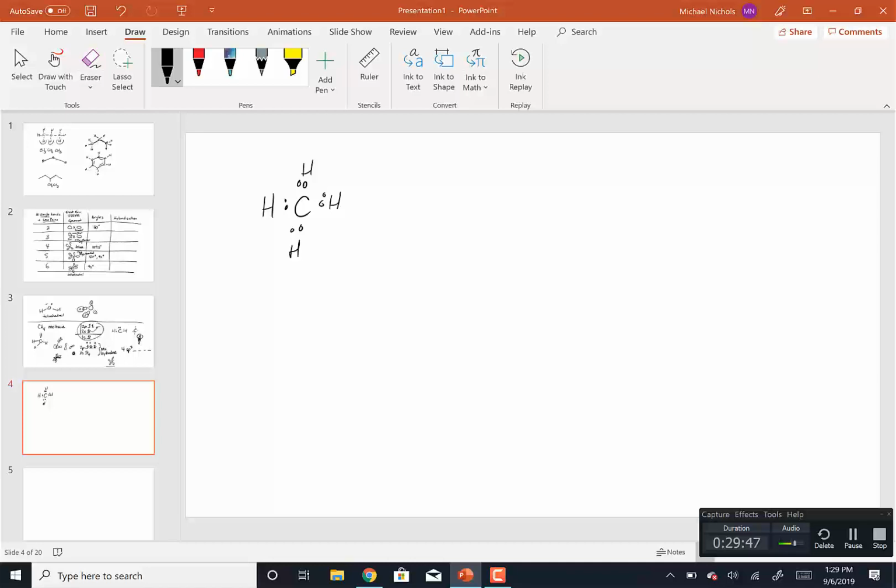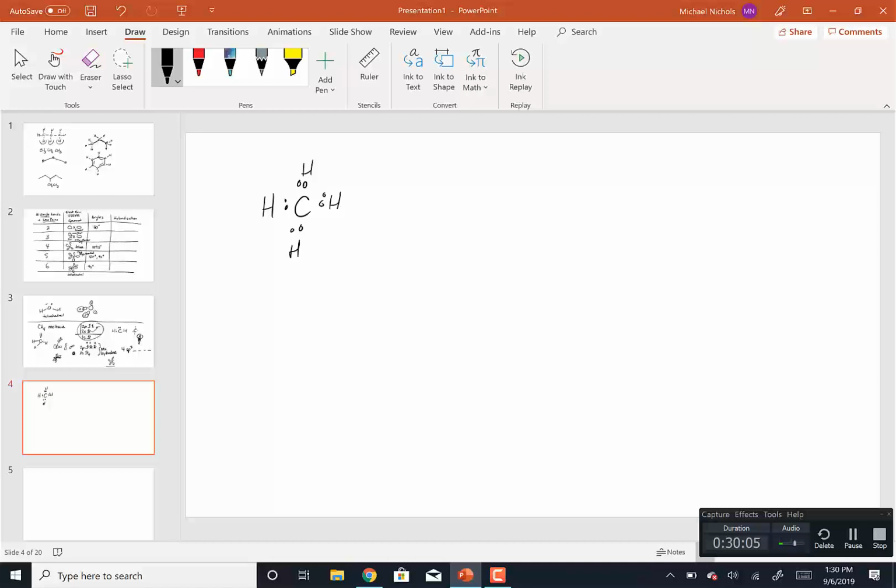That's sort of level 1 bonding. Pair up electrons. To do what? Make octets. If the atom can make an octet. Hydrogen can't make an octet because it's only got 2.